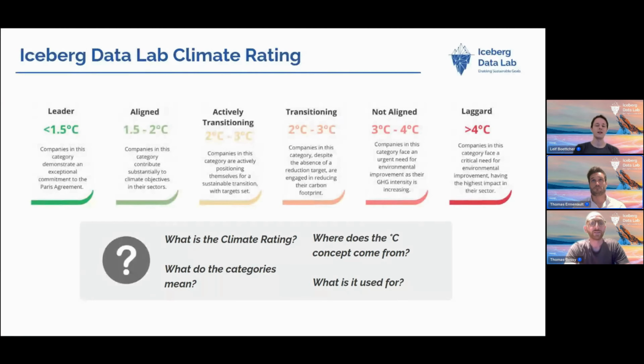Hi, everyone. So yeah, before going into depth into the SB2A methodology, first let's look at the final products we publish for free on our website, which is the climate rating. We rank companies into 6 categories, from leader for companies that are 1.5 degrees aligned with the Paris Agreement, to the worst companies, classified as laggard, with a temperature above 4 degrees.